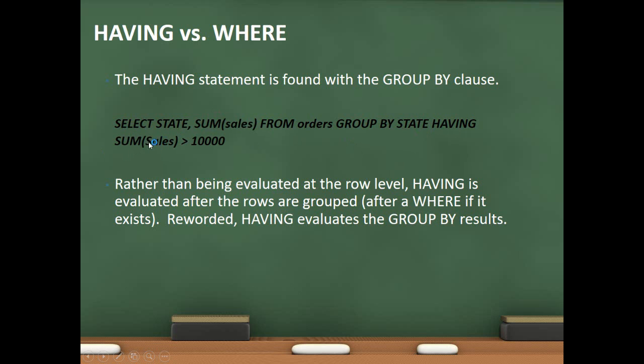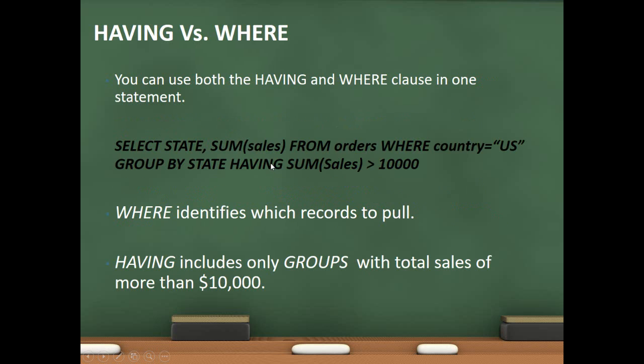You're not going to have an aggregate function in your having statement that was not included up in your list as well. And this just talks a little bit about using a combination, which we did a moment ago, of the where clause and the having clause.